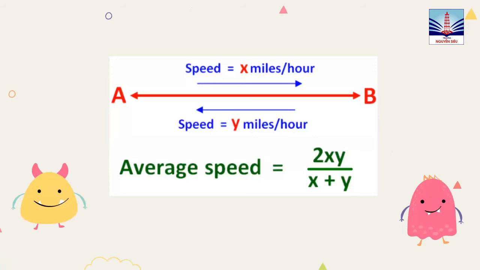If a person goes from A to B at X miles per hour and goes back from B to A at Y miles per hour, the average speed is 2xy over x plus y.